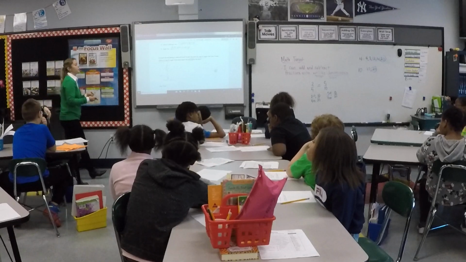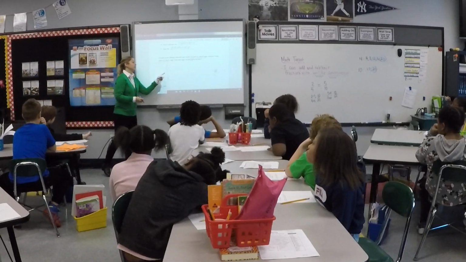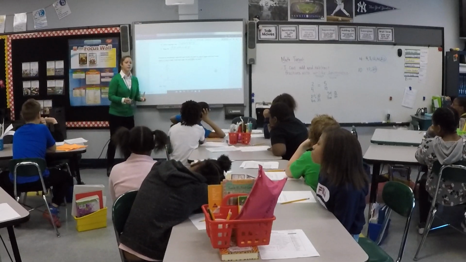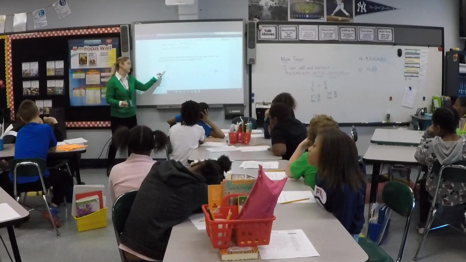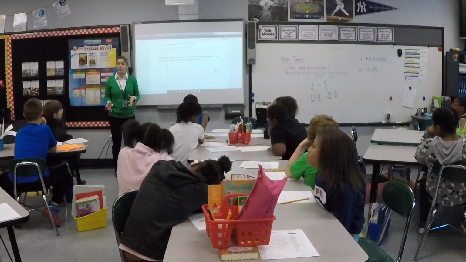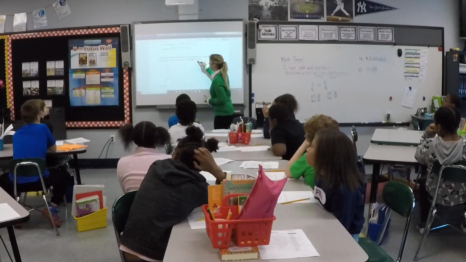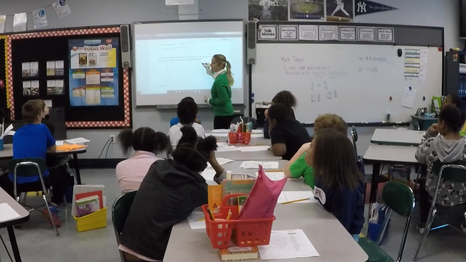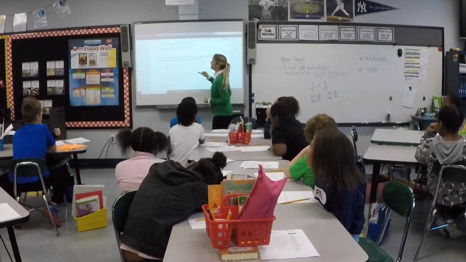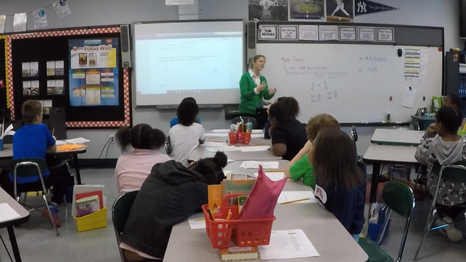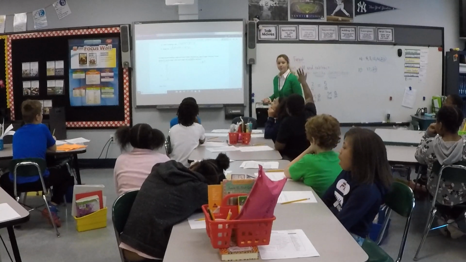Now what I need to do, I need to notice if my denominators are the same or different. What do we notice about our denominators? They're different. So I need to find the LCM, or my least common multiple, which is going to give us our denominator, okay?